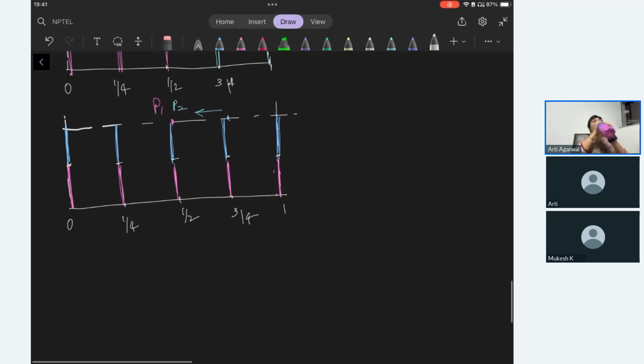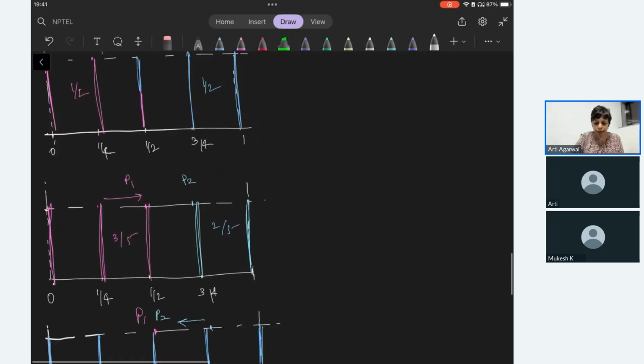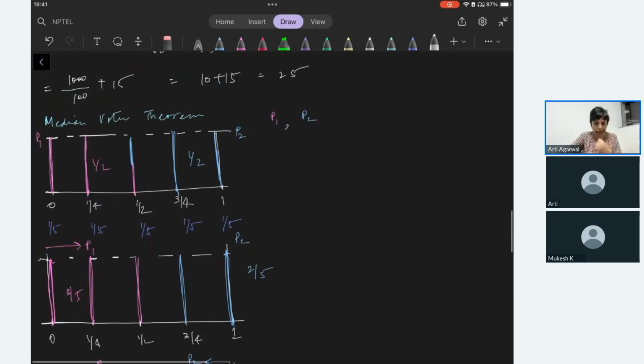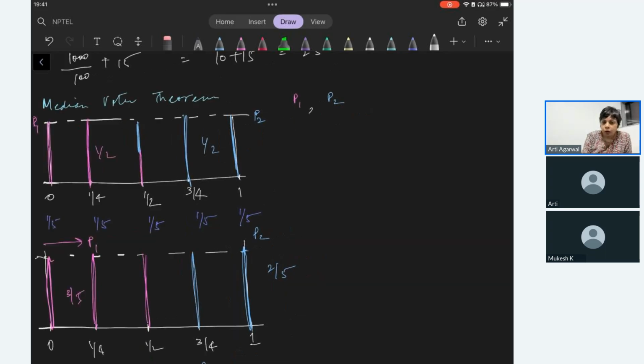So now we can see that P1 and P2 started at the two extremes. Look at the top. This is the topmost diagram we drew, and in this P1 and P2 are at the complete extremes, right?